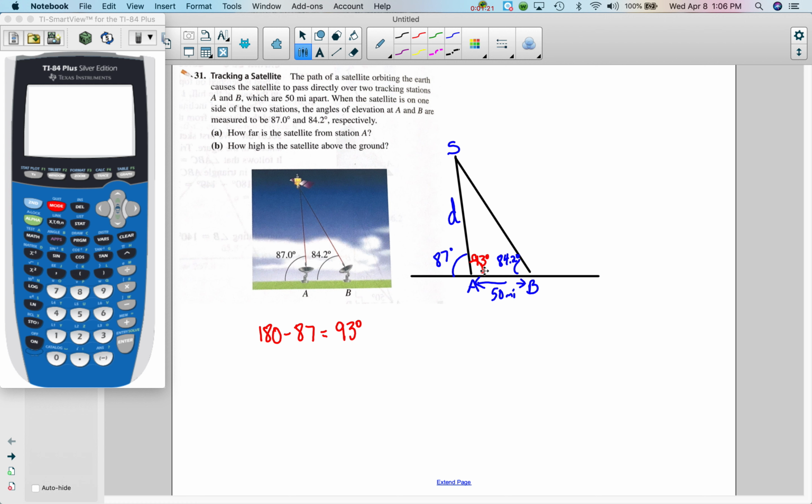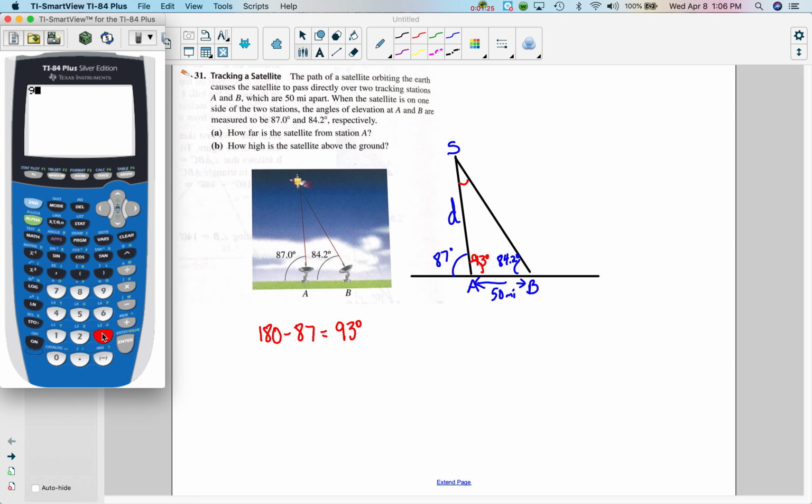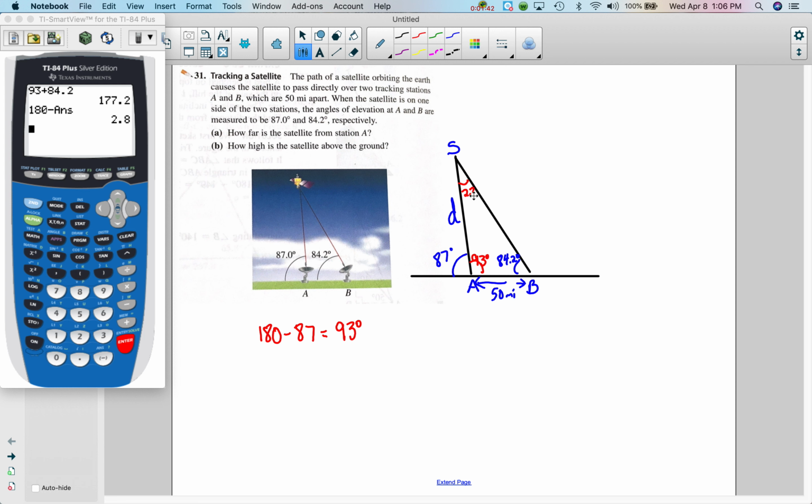Well, if I know this is 93 degrees and I know this is 84.2 degrees, then I can figure out the missing angle. So 177.2, so we get 2.8 degrees, so this little one up here, obviously not drawn to scale. So that's 2.8 degrees.